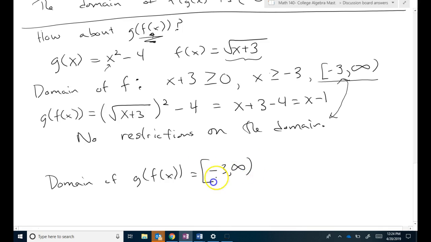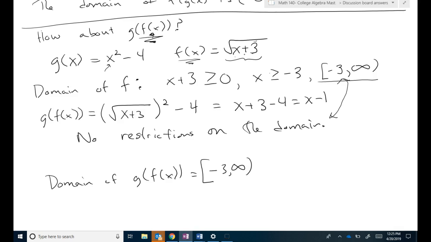And here's how you want to think about this. If I pick a number that's less than negative 3, say I choose negative 4, then when I do f of x, because that's the one that gets done first, I get the square root of negative 4 plus 3, which is the square root of negative 1. That's not a real number. So since that's not a real number, I won't be getting a value there.